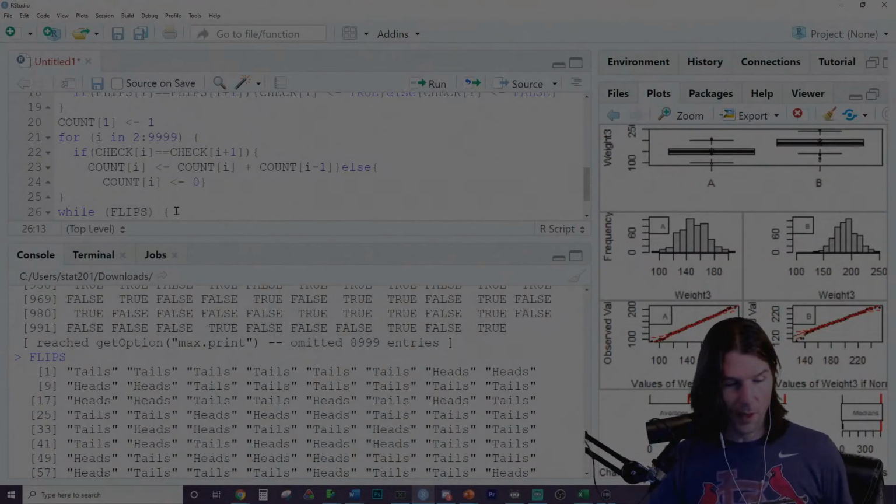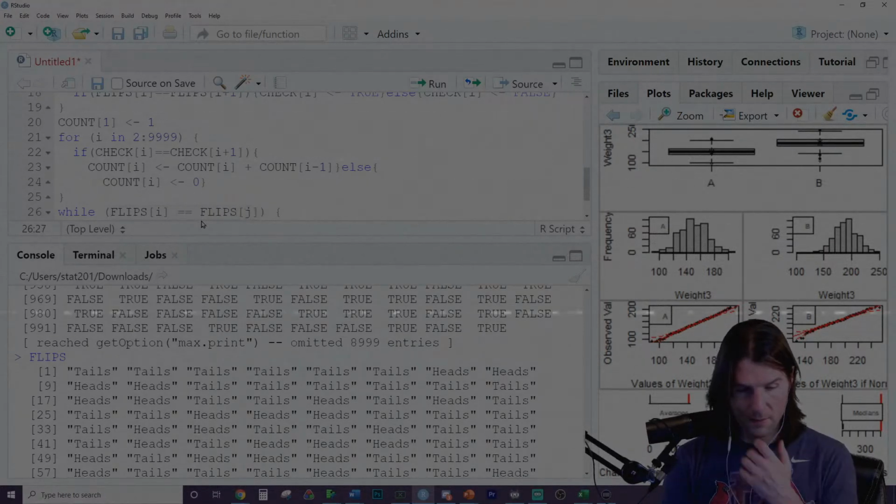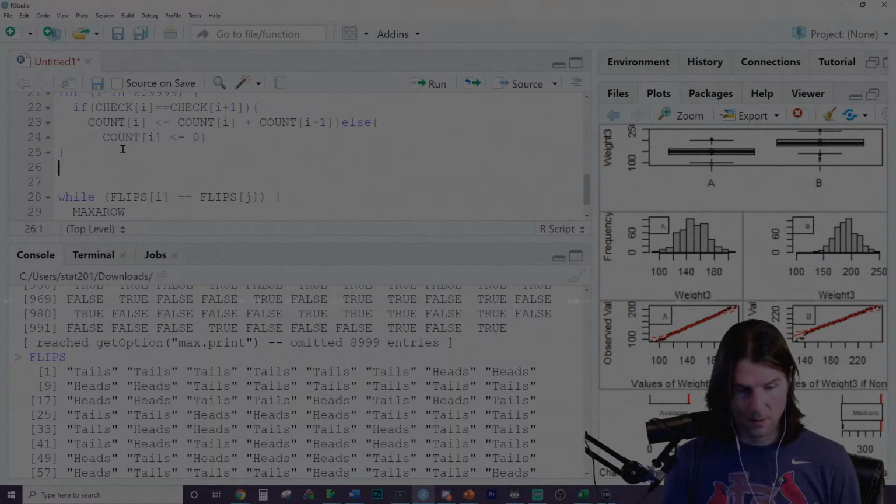Okay. While flips position I is equal to flips position J, then go here to max a row and add to it 1. So max row plus 1.